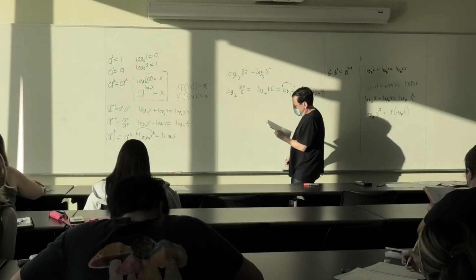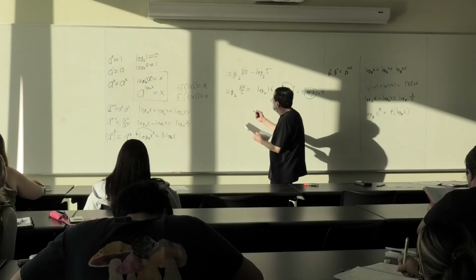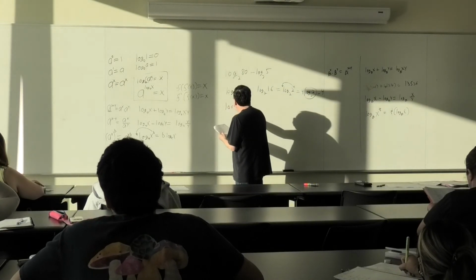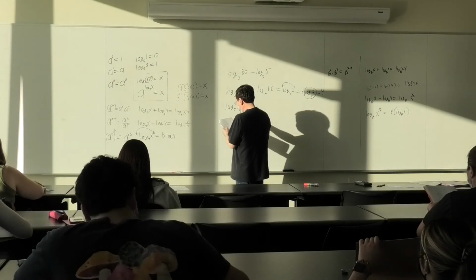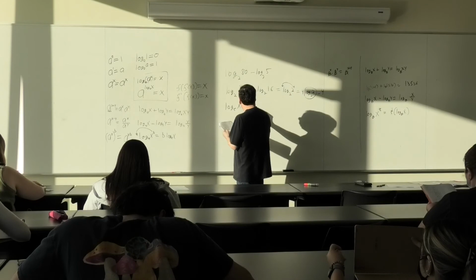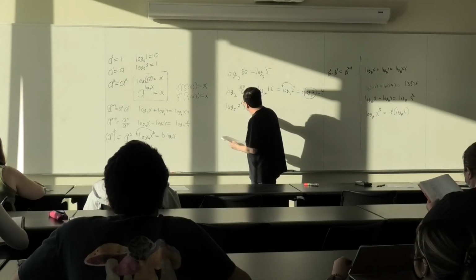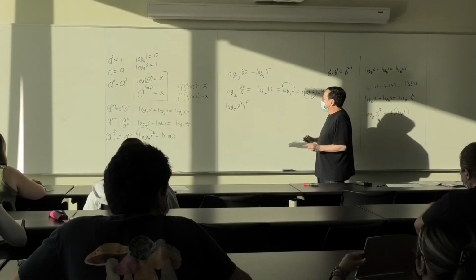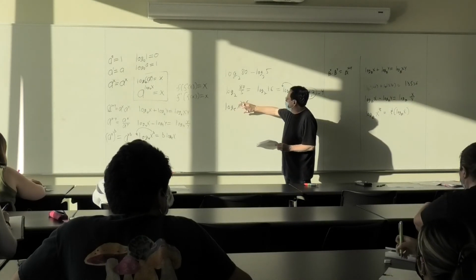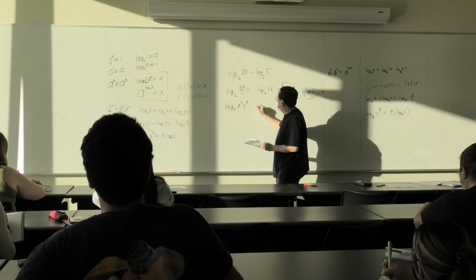Okay, we'll try this one. Log to the base 5 of x cubed y to the 6th. I don't know what x and y are, but it might be simpler if I didn't have exponents in this.